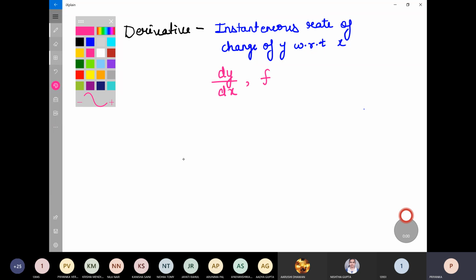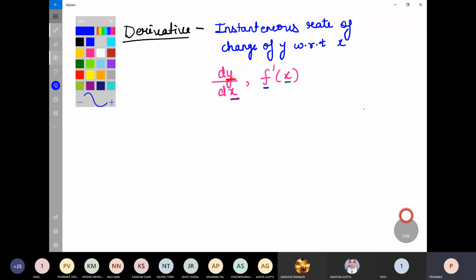We can either write it as f dash of x. Here the dependent variable is y, independent variable is x. Here the dependent variable is f, independent variable is x. So these are the two ways you can write the derivative of the function. इसको represent कर सकते हो.